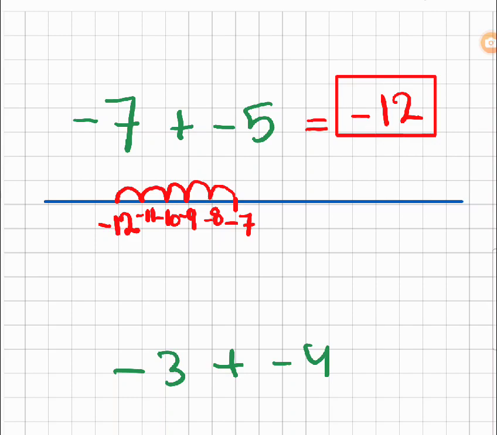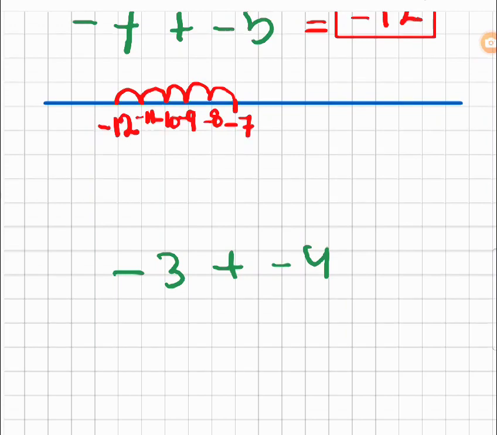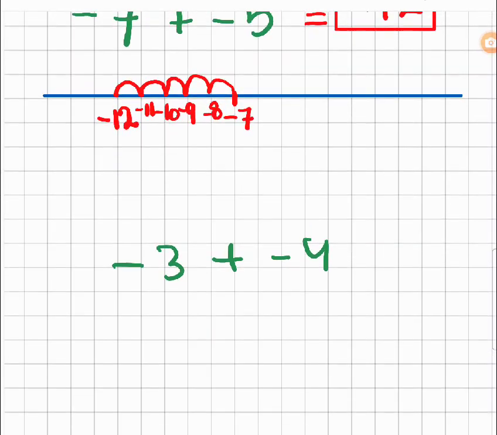Now, if 3 plus 4 is positive 7, negative 3 plus negative 4 is equal to negative 7. But now let's start with negative 3, and let's add negative 4 to it. So let's travel 4 units to the left. So this is negative 4, negative 5, negative 6, negative 7.